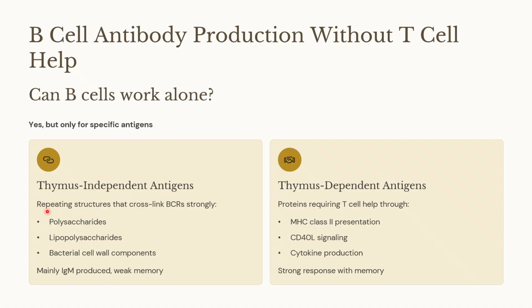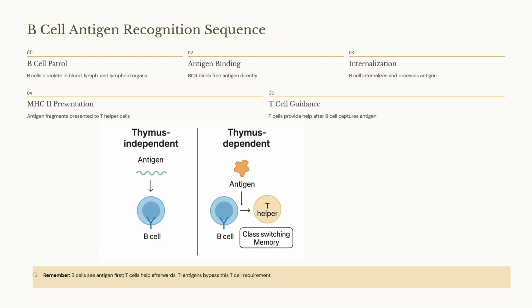In thymus independent antigens, they will cross-link with the B cell receptors strongly, and it will produce IgM, which is a weak memory. But in thymus dependent, proteins requiring T cell help through MHC class 2, CD40 and cytokine production give a strong response with memory.